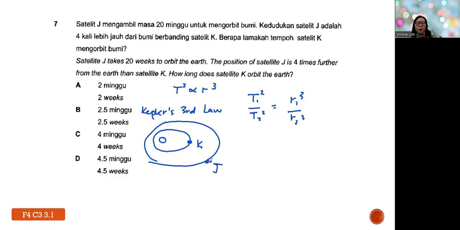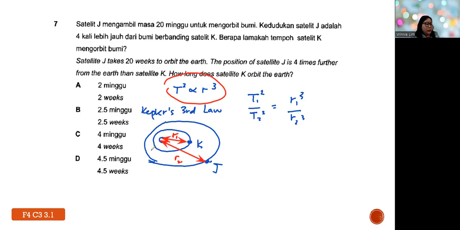If your distance from the Earth is further, what happens to your time? I assume J is 2 and K is 1. So the idea here is that if you are further, the time taken will be longer. If you are nearer, closer, the time taken will be shorter.